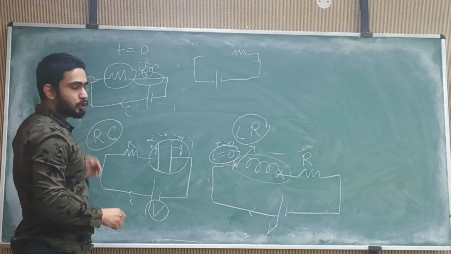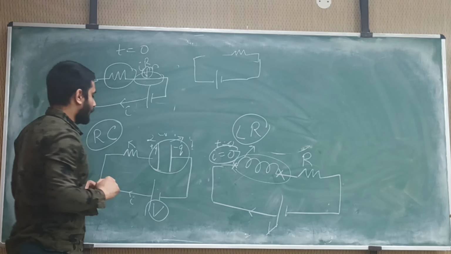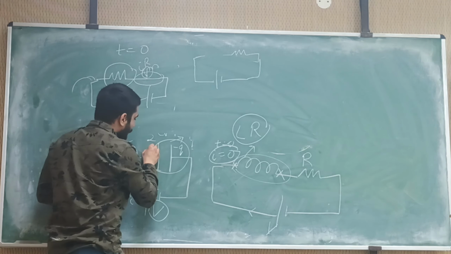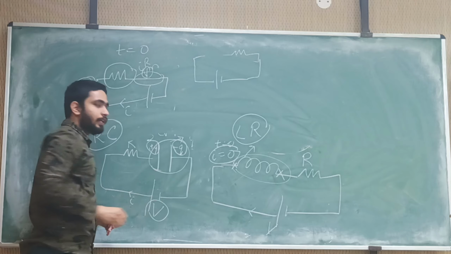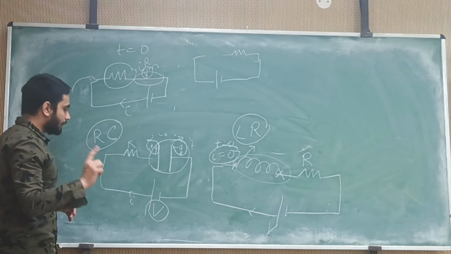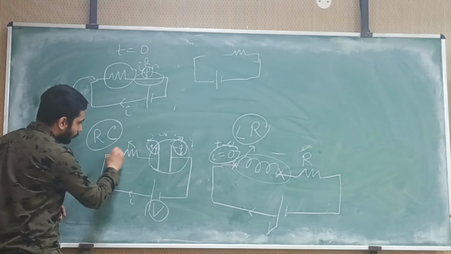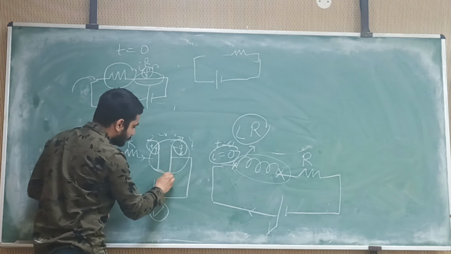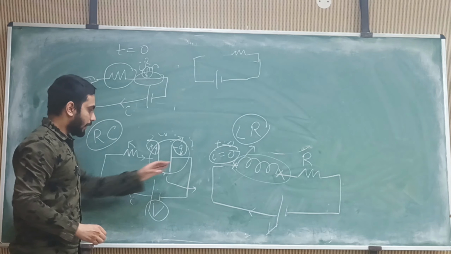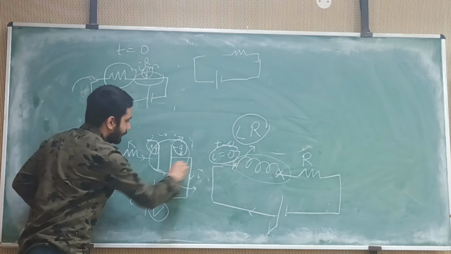But at time t equal to t, what will be the condition? It will have some charge of positive q and some charge of negative q. So the current I will flow from this to this, but in this blank space no current will flow, and again here the current I will flow.